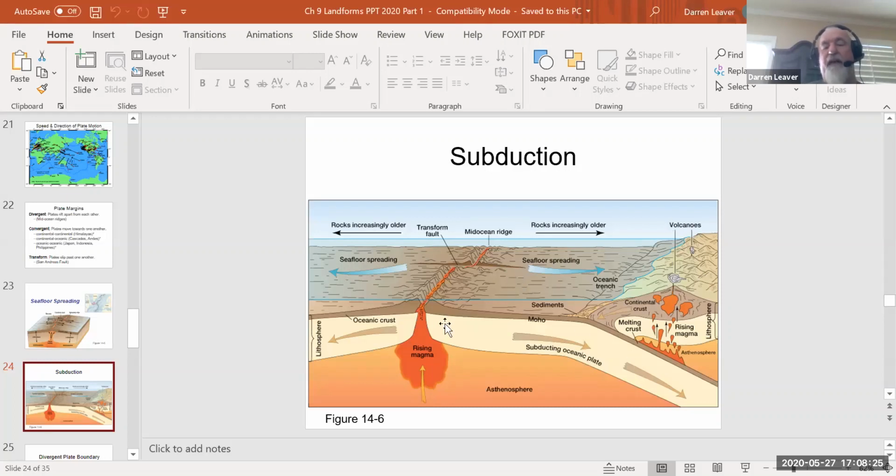So we can see here a divergent boundary, but over here we can see a convergent boundary, this crust and this crust converging on one another. I want you to focus on this portion of the diagram right now because we're focusing on the divergent boundary.